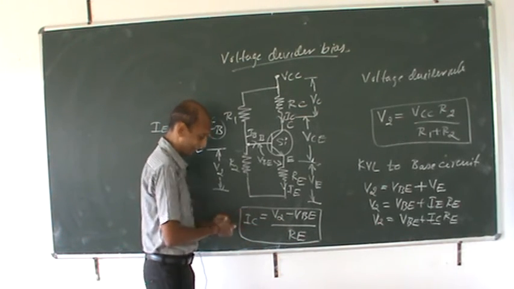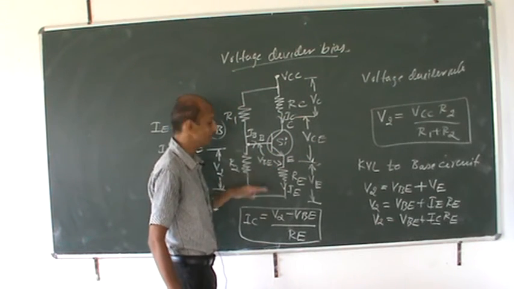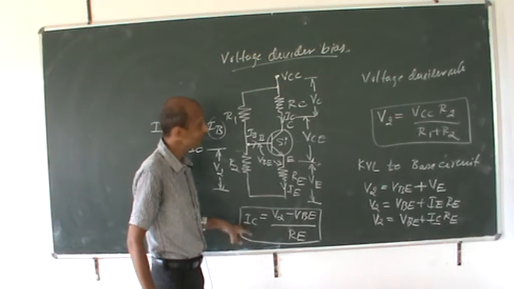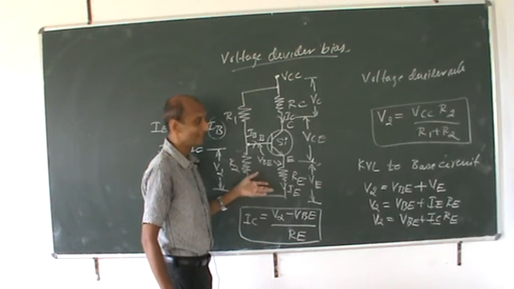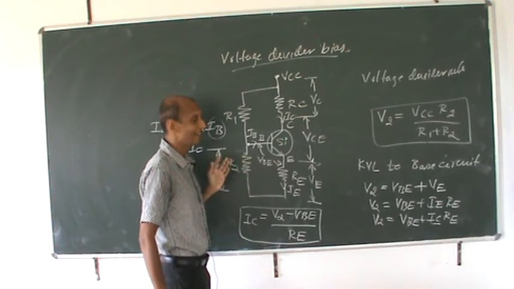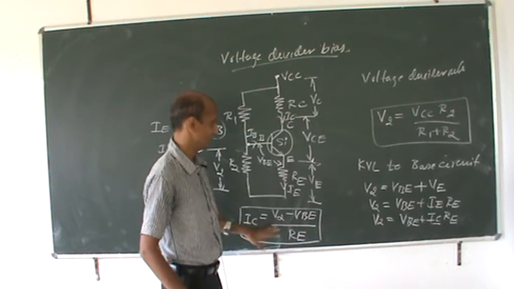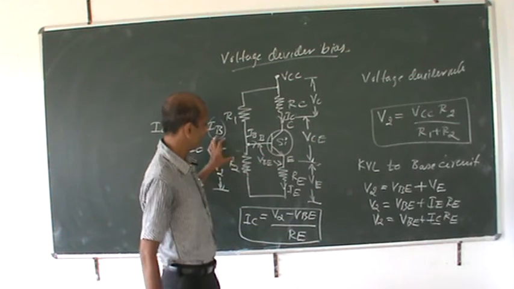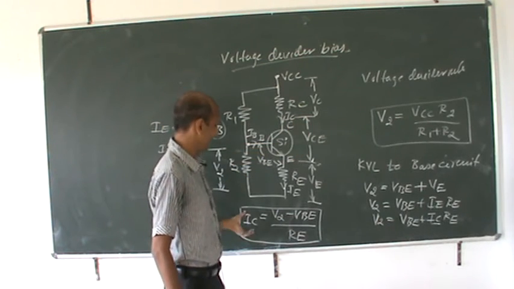If I know the resistance values and the supply voltage, I can calculate V2, and after V2 I can calculate IC, the current flowing through your device. This is how we use the voltage divider rule and KVL application to find the voltage V2 and your collector current IC.